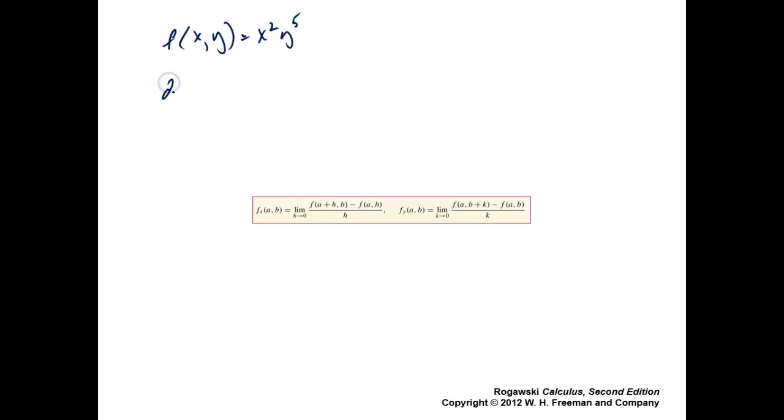So, what's the partial of this function f with respect to x? Listening carefully to what I just said, when you're taking the partial of a function with respect to one variable, you treat any other variables as if they're constants. They're not variables, they're just a constant. So guess what that would be then?